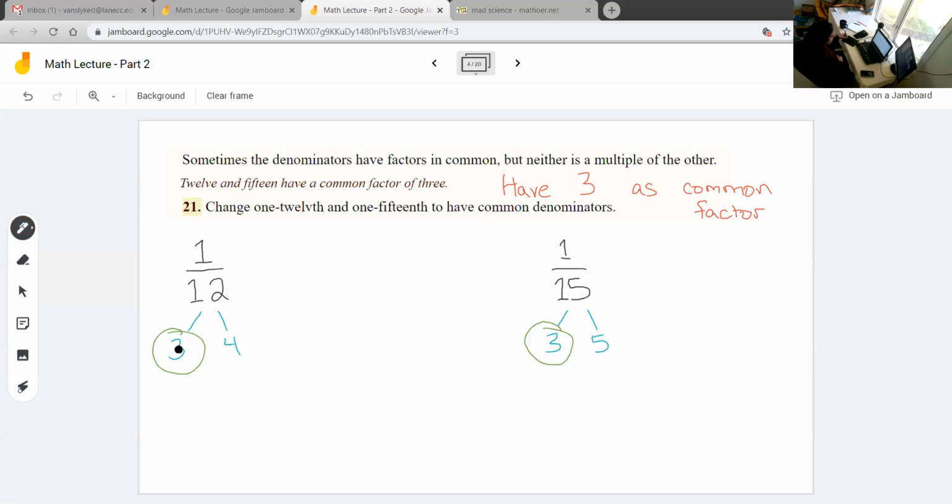And once everything that's in common is visible on my factor tree, it doesn't matter if I break up the 4 into 2 2s or not. I can if I want. It doesn't really matter. So that's step 1. Step 2 is whenever I have something that's in common on both trees, I get rid of the second copy.